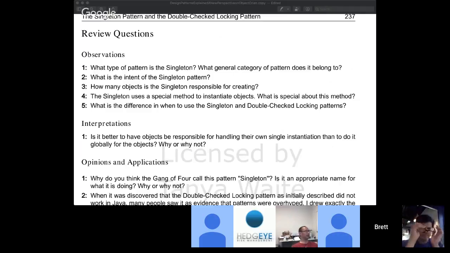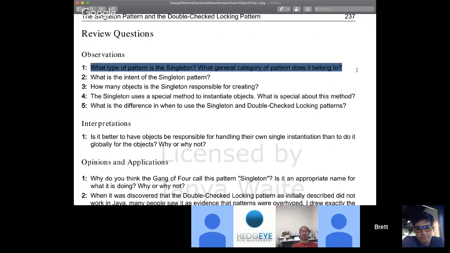Sometimes it's behavioral because we're syncing. I thought it was creational, behavioral, structural. Did I miss one? It's a factory. All right. Yeah, they should be.